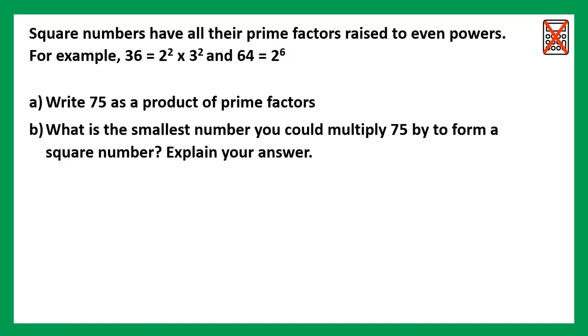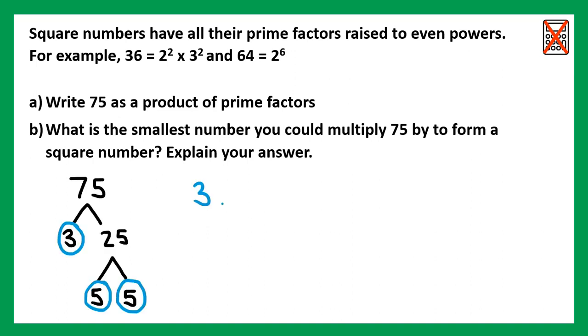For this question, we first need to write 75 as a product of its prime factors. I've completed this and got 3 times 5 times 5. Simplified, this is the same as 3 times 5 squared.